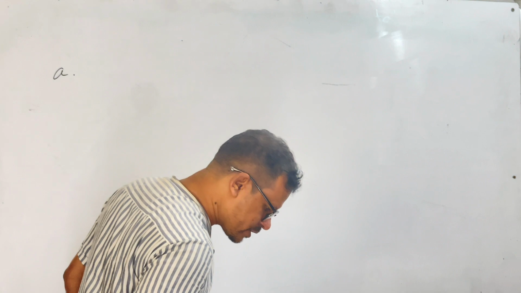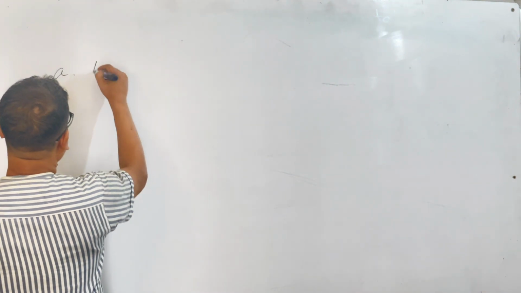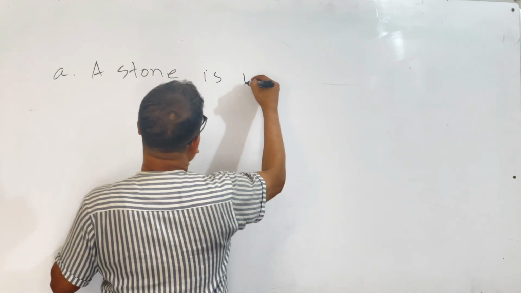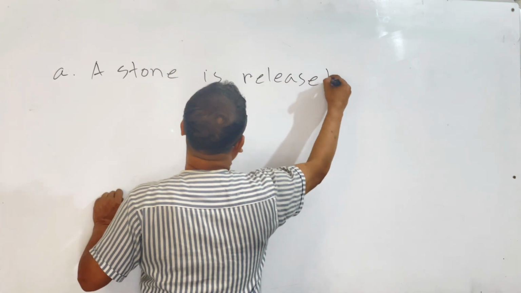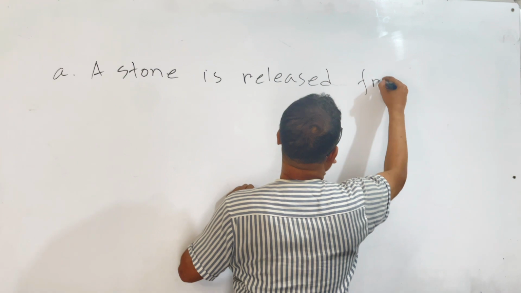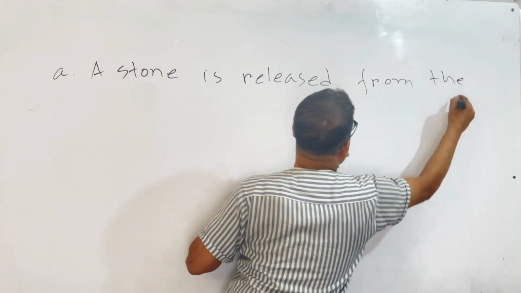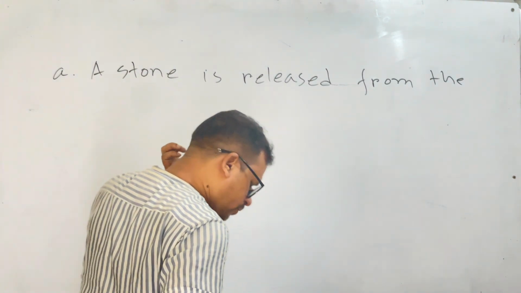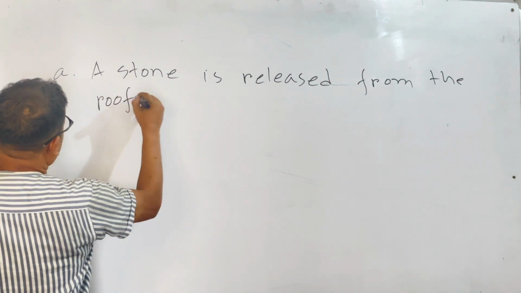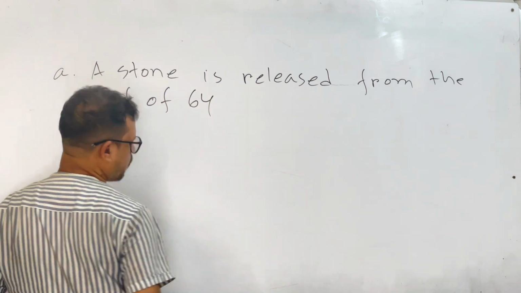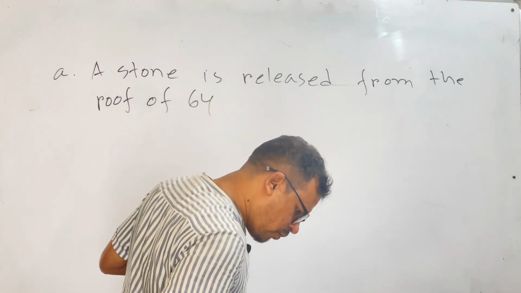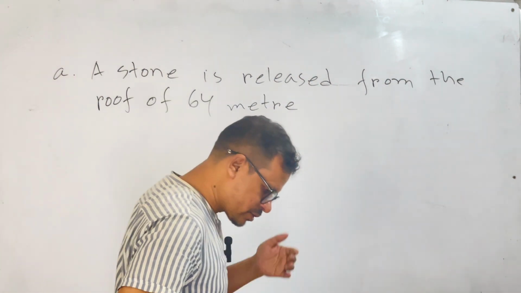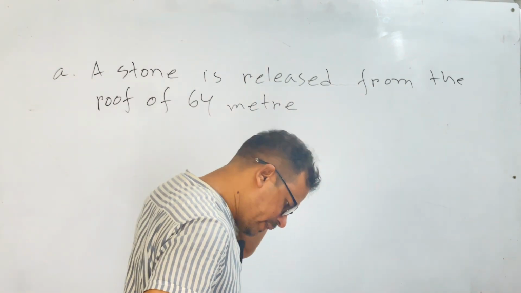Was the question? A stone is released from the roof of a 64 meter height building.